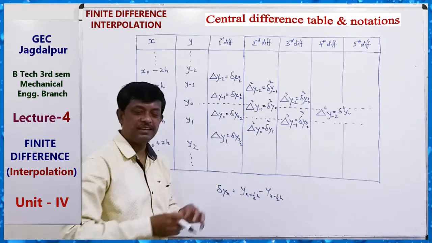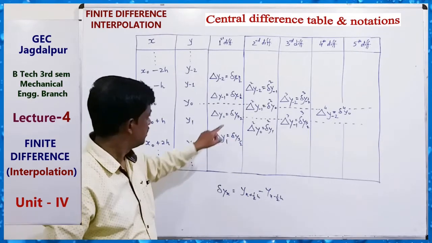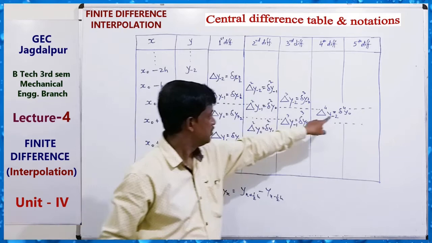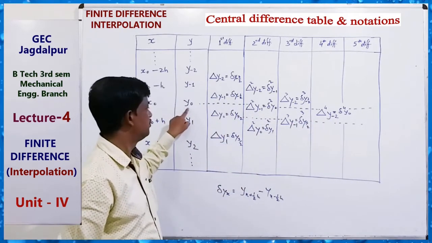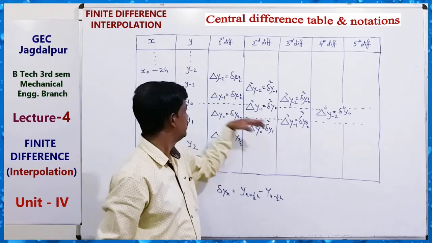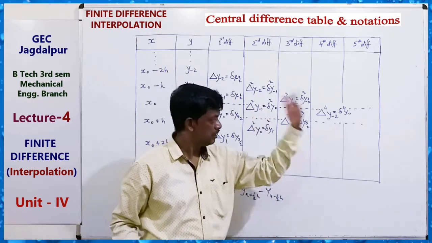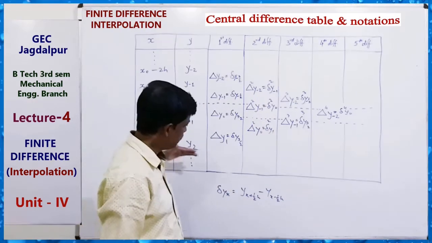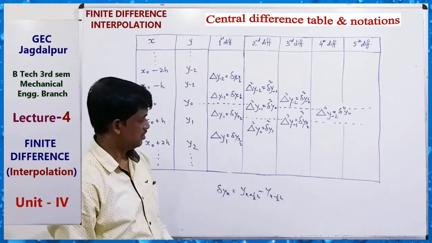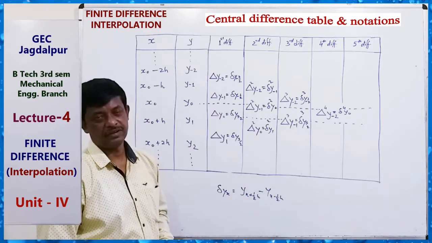So a horizontal line has the same suffixes, 0, 0, 0. And this horizontal line half, half. And this horizontal line minus half, minus half. And after creating the big table, you can see that every horizontal line has the same suffixes. So this is the notation-wise central difference and forward differences. Okay.